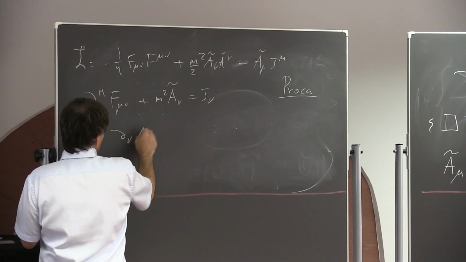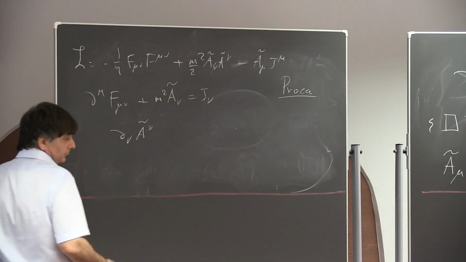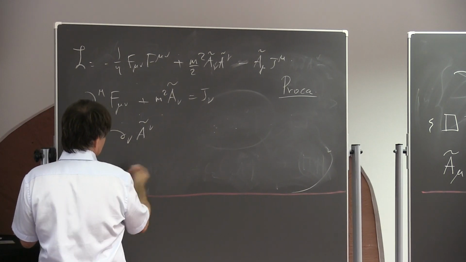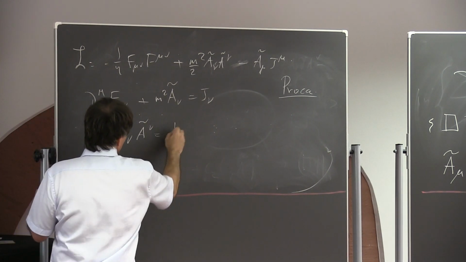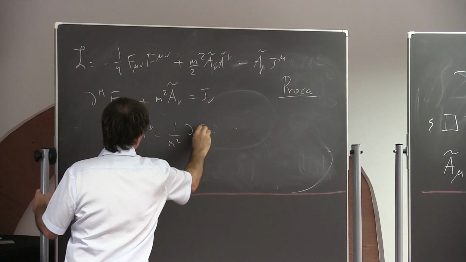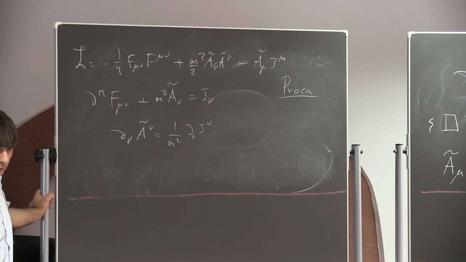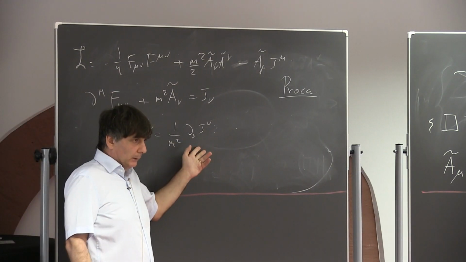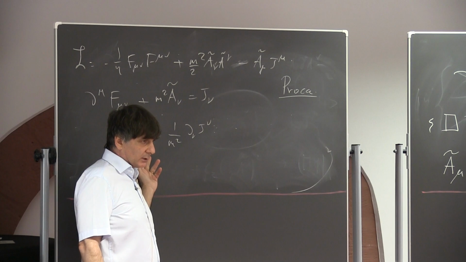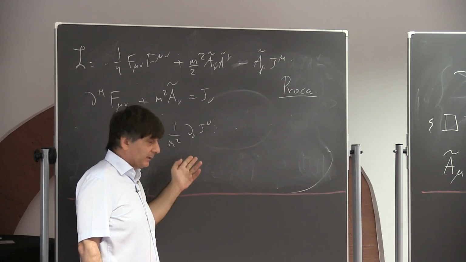So we get a constraint that the divergence of A tilde is related to the divergence of the source. Of course, if the source is conserved, then simply the divergence is 0. Okay, we can entertain this possibility.